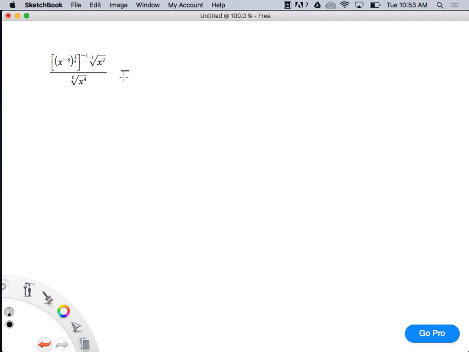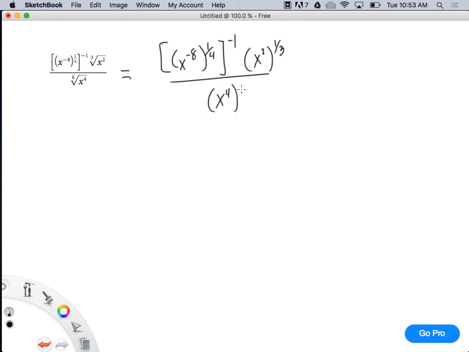First step, rewrite the guys, look, it looks crazy, but it's not. It's just a bunch of steps. X to the negative 8, 1/4 to the negative 1. Rewrite the radicals. X squared to the 1/3. X to the 4th to the 1/6.